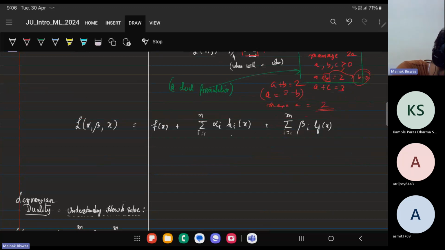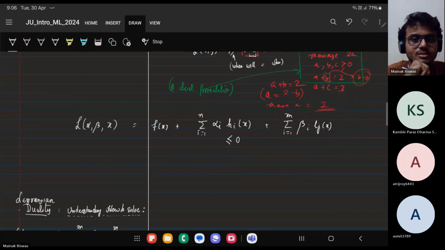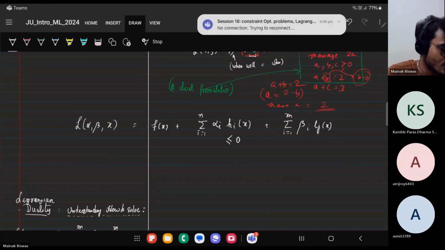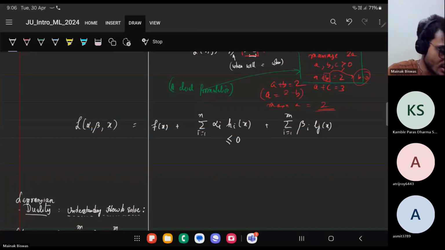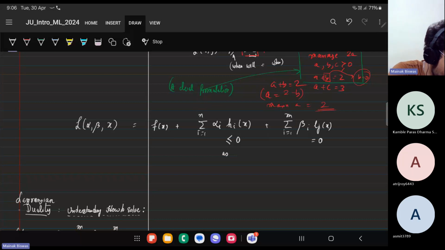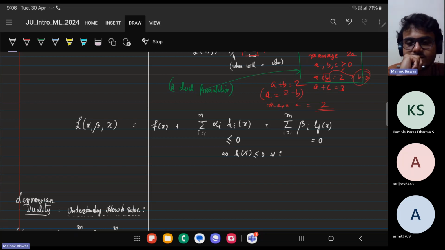So do you see that this has to be less than 0? The third part has to be equal to 0. The second part has to be less than 0, right? As h_i of x is less than 0 for all i. Correct?